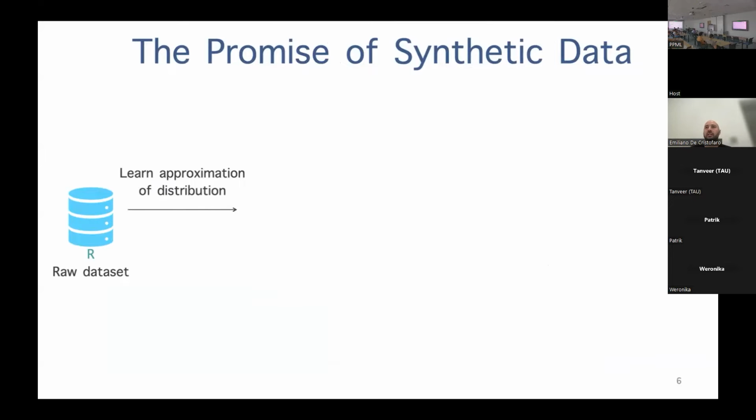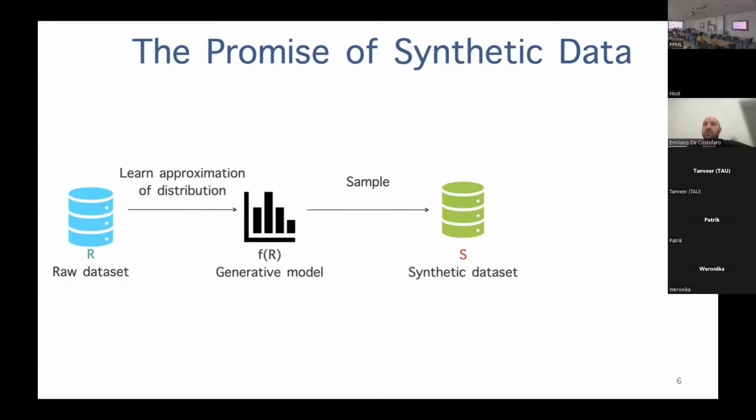So just a little more detail on what synthetic data does. What you want to do is design an algorithm that is able to learn an approximation of the distribution of the raw data. This is fed to a generative model, so you train a generative model from which you sample, and you can create many different versions of a synthetic data set.